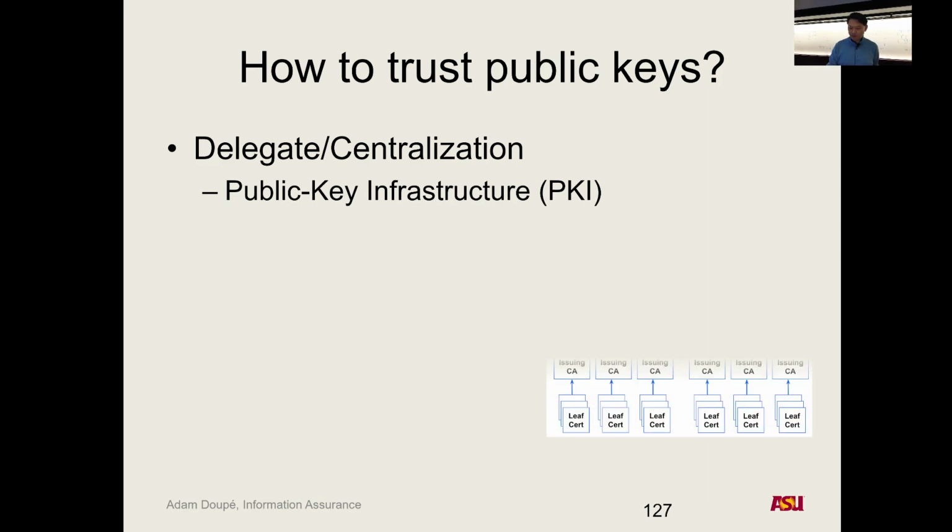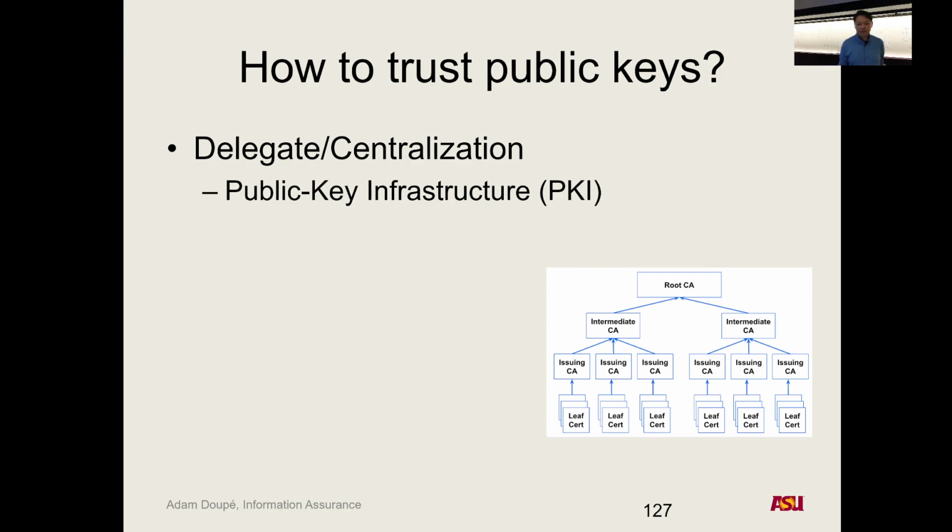That is one solution. This is the hierarchy of the keys. In the PKI, the top authority we call the root CA, the middle we call the intermediate CA, and then the issuing CA.